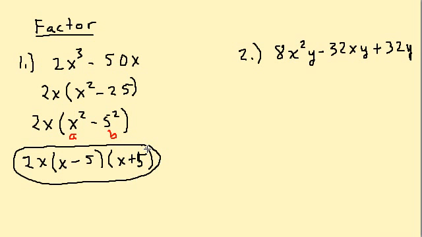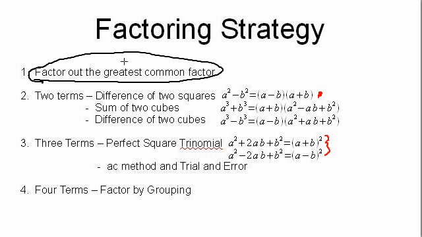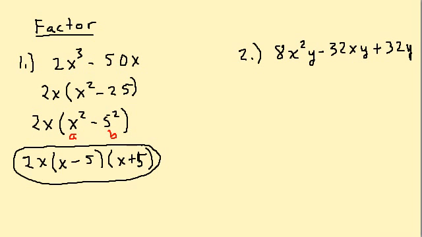Let's take a look at this last problem here. I have 8x squared y minus 32xy plus 32. Well, first thing I want to do, as we notice in the factoring strategy, is factor out the greatest common factor. So the greatest common factor of 8, 32, and 32 is 8.